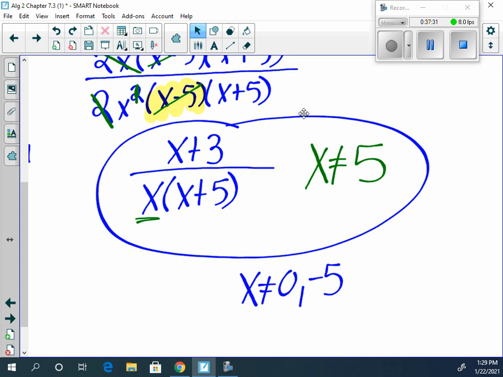Because if you remember back to Algebra 1 or last semester, we talked about extraneous solutions, because we found numbers that worked, but when we plugged them back in, they didn't work for the equation we started with. That's where these are going to be helpful. Because if I solved this and found that x was 0, negative 5, or 5, we know already it does not work because it's one of our restrictions. So it helps us so that we don't have to check as many numbers at the end. But we're a little ways off from that.